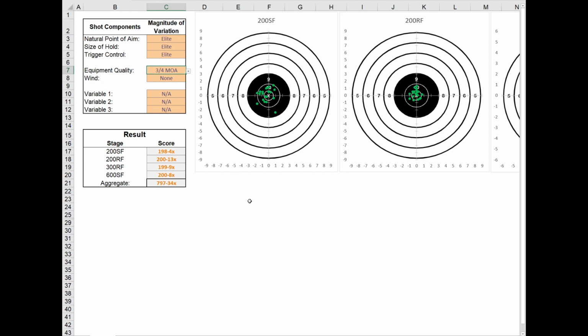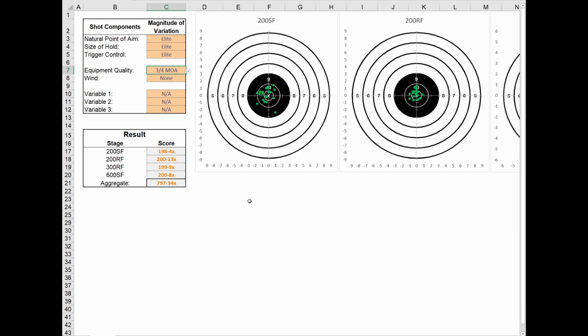What I wanted to do in this case was quantify how much of a role equipment plays in the groups fired by high power rifle shooters. I use the term quantify on purpose, because people assume that if you have less than perfect equipment, you're automatically going to shoot a larger group.